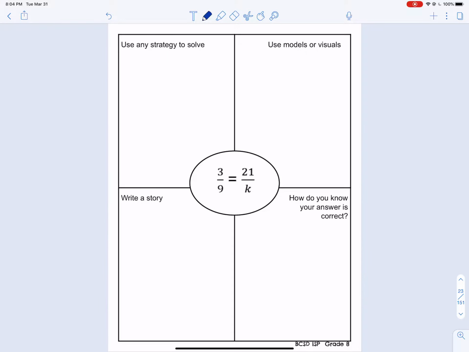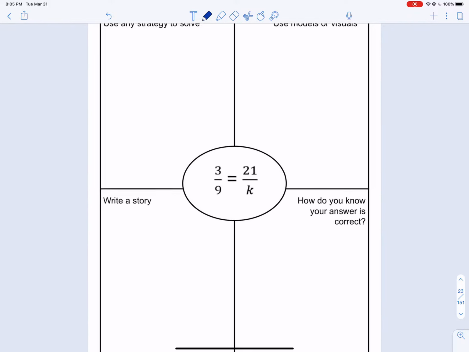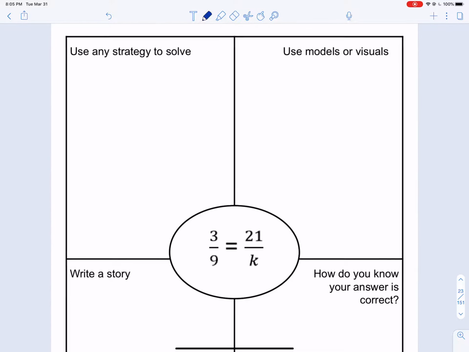All right. I believe this is the last one. Yep. So this is a proportion equation. I'm going to let you fill in the boxes here, but I just want to go through how we solve this equation. A couple of things.